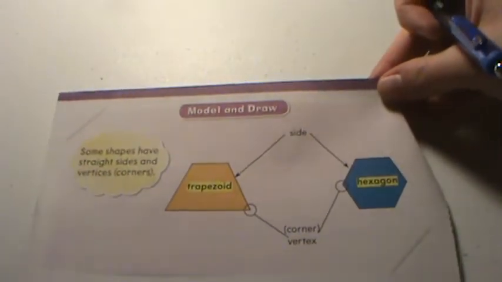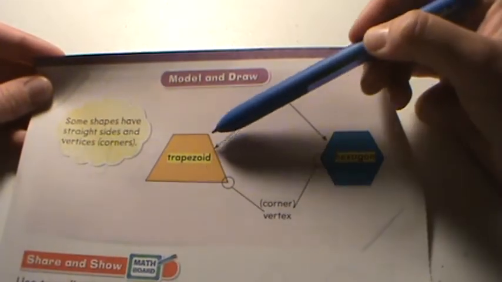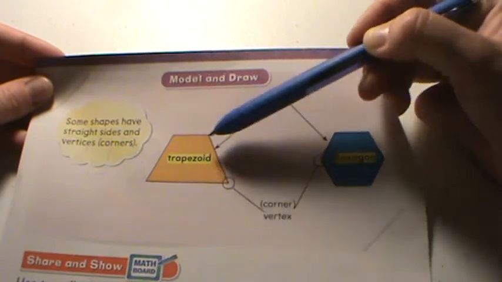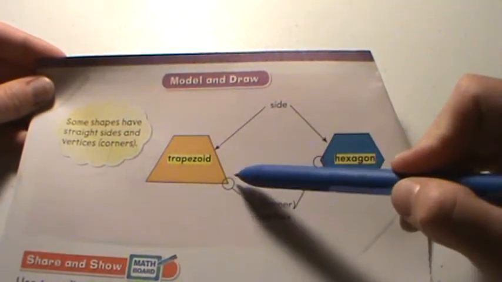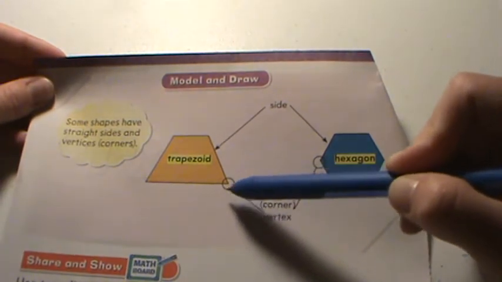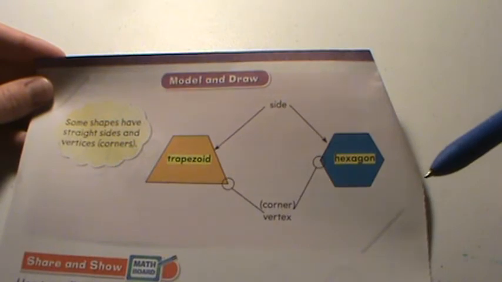So some shapes have straight sides and vertices, which are the corners. So the trapezoid, which we drew over there, has straight lines, which are the sides, and it has the points or corners where the two sides meet, and that's called a vertex, or vertices when there's more than one.